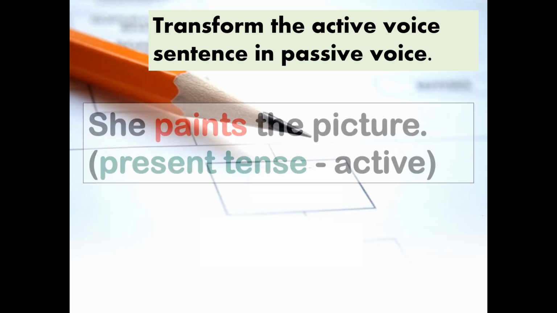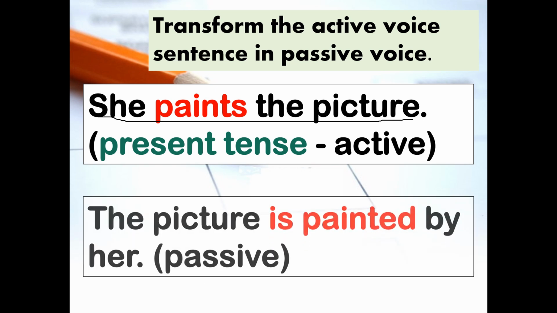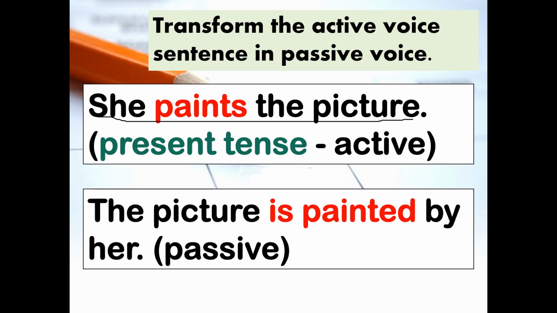Let's try this sentence. So this is still in present tense. The sentence is, she paints the picture. So how are you going to make this passive? So the sentence would become, the picture. Okay, so we'll have the picture first, and then for subject-verb agreement, we will be using is, and then the past participle of paints is painted, since this is just a regular verb.